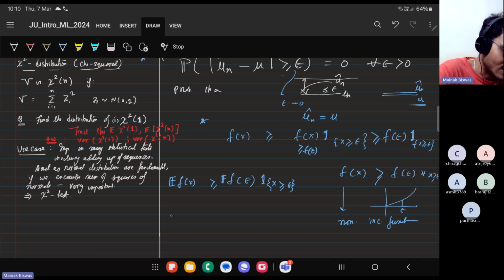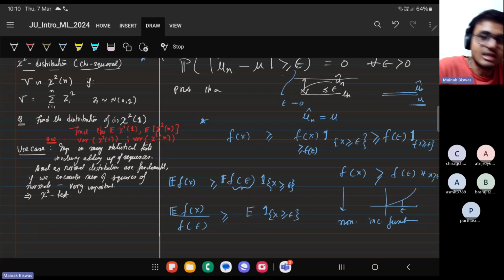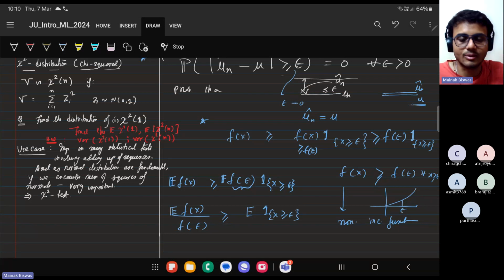If I take expectation on both sides, what will I get? Expected value of f of x is at least f of epsilon, which is a constant so I can bring it down, times the expected value of the indicator of x greater than epsilon. Is this clear? Which step is not clear? I'm waiting for 1 minute. Ask me.